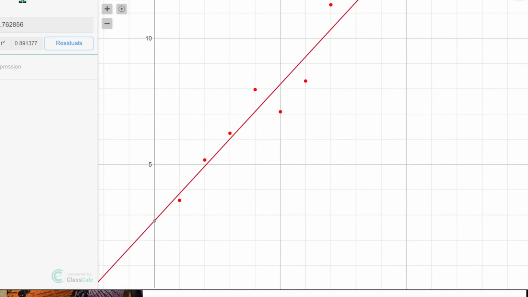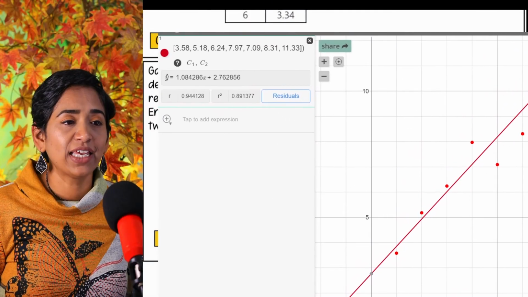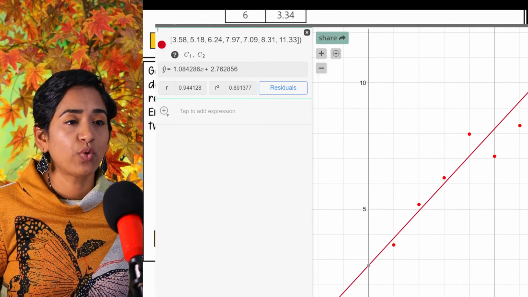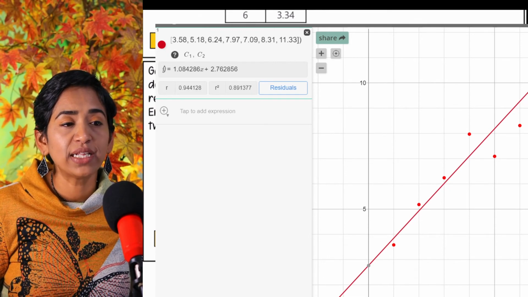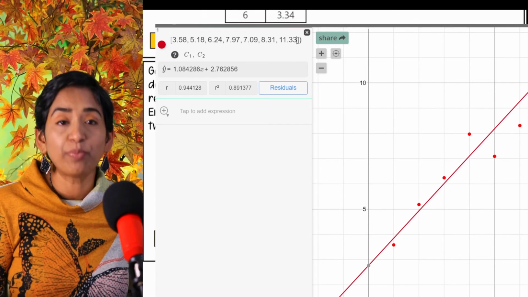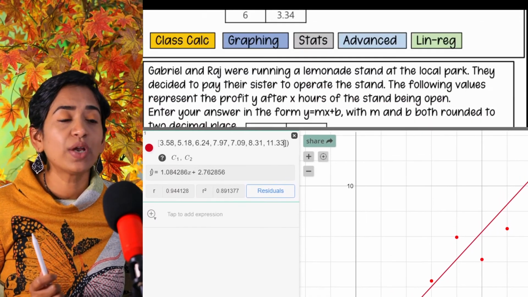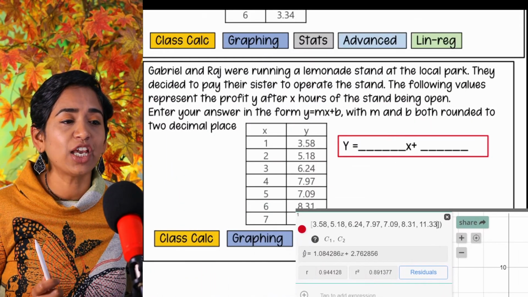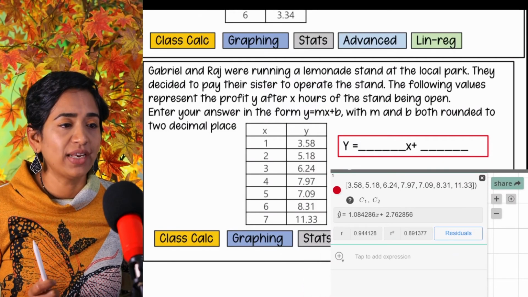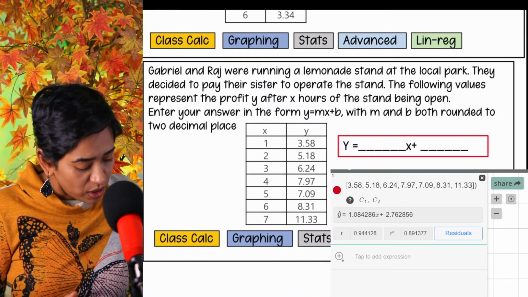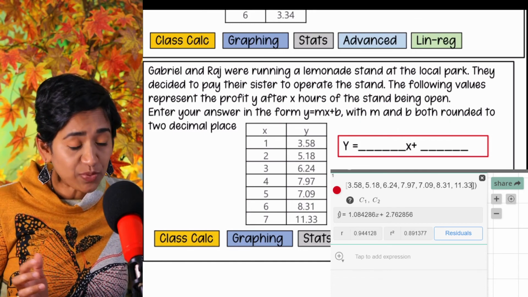All right, so now once we have this, let's look at the equation here. What is the equation? The one right here, 1.084x plus 2.763, right? So I'm going to use this equation to write it down in y is equal to mx plus b form.